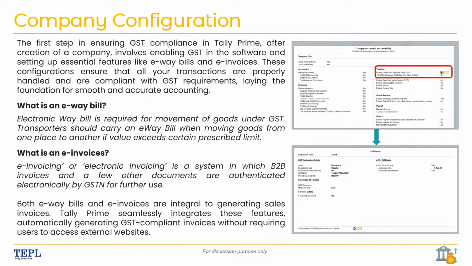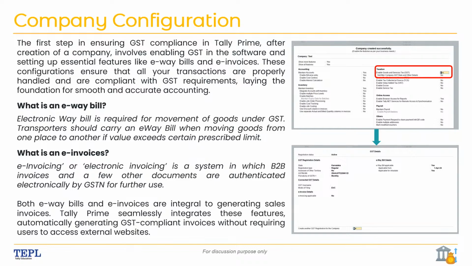Now, what is an e-way bill? An e-way bill is a document that, apart from your valid tax invoice, is needed at the time of movement of goods, along with certain additional details like from where the goods are moving, to which place it is moving, who is moving the goods, and in what vehicle or in what form of transport those goods are moving.